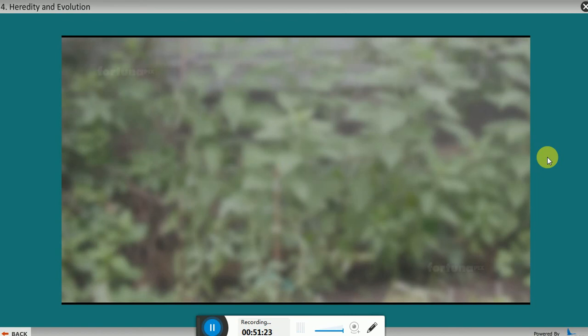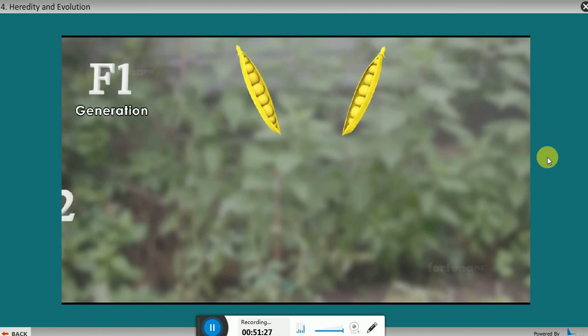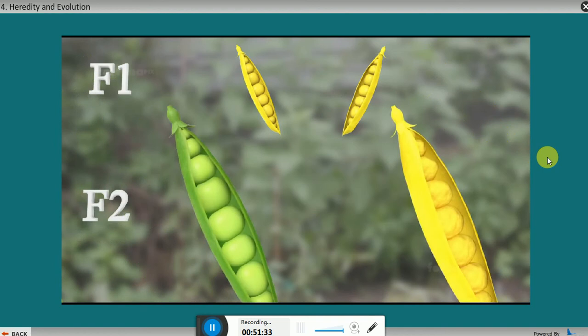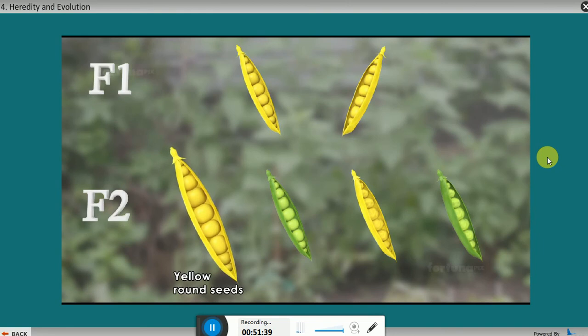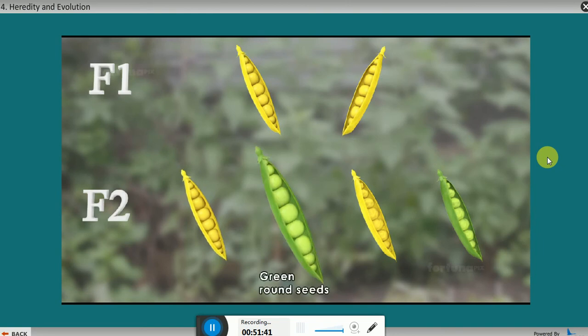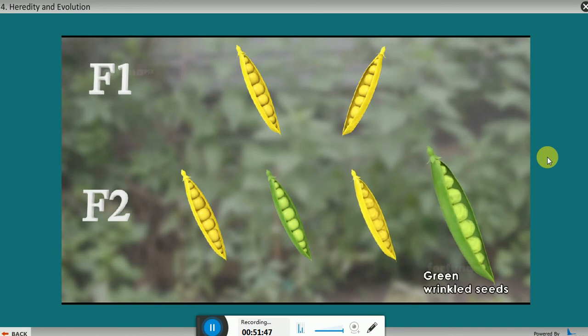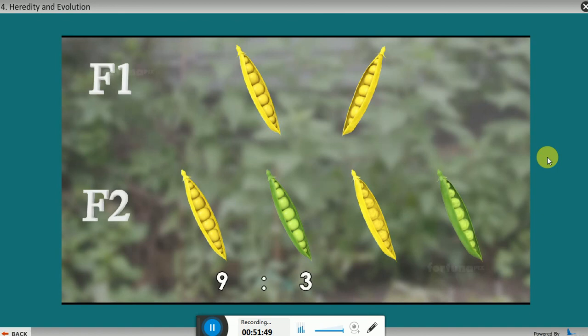Then, Mendel crossed the seeds from the F1 generation to produce the second filial or F2 generation. In the F2 generation, the plants produced yellow, round seeds, green round seeds, yellow wrinkled seeds, and green wrinkled seeds in a ratio of 9:3:3:1.